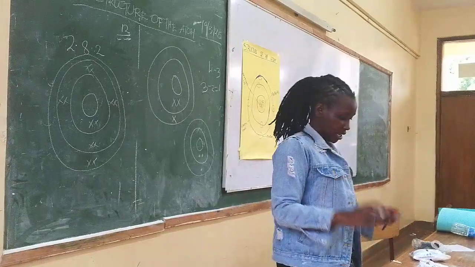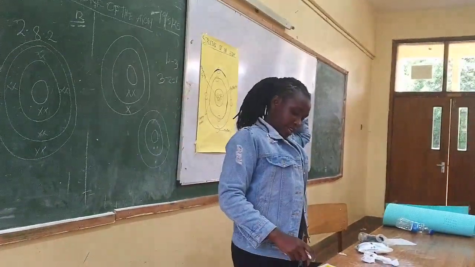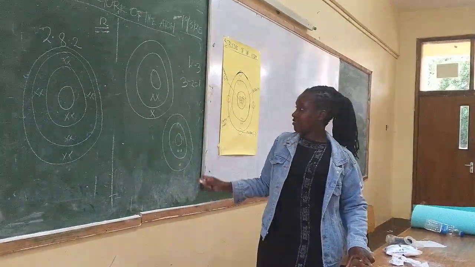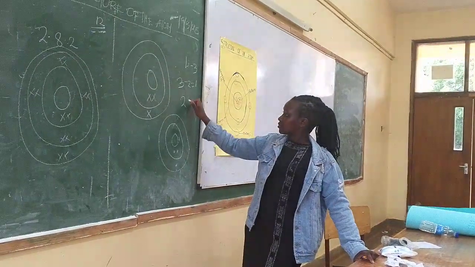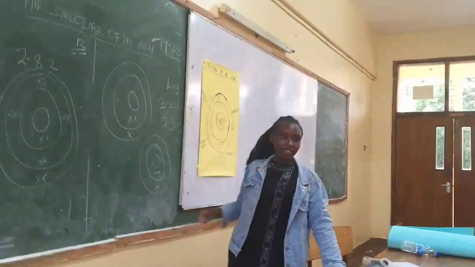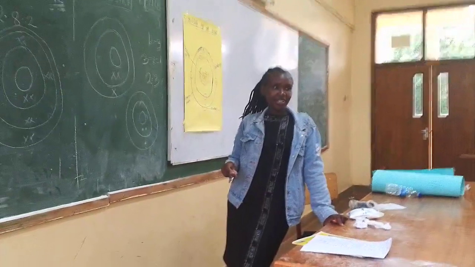In your books, you should try drawing boron, which is number 5. And I'll check it. Draw the electron arrangement of boron.